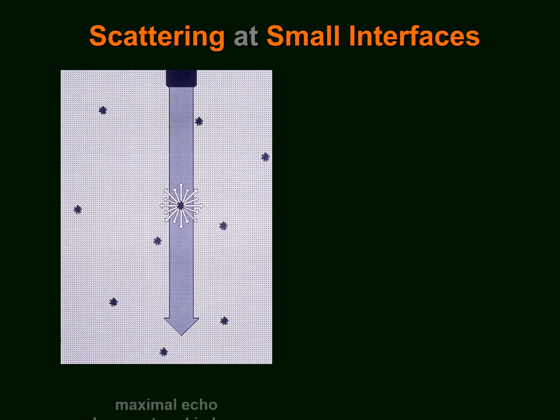And when we examine a small interface with the 8 megahertz sound beam, then the interface scatters ultrasound into all directions very weakly, so the echo that would come back is very, very weak.